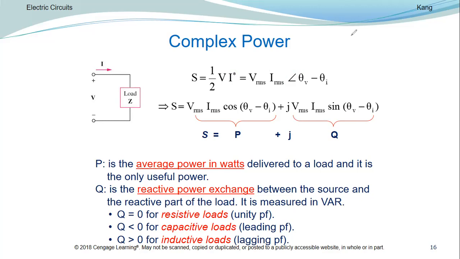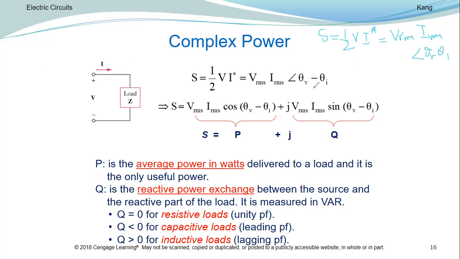As S equals half VI static. If I write this value in root mean square, it will be VRMS, IRMS with the angle value, theta V minus theta I.